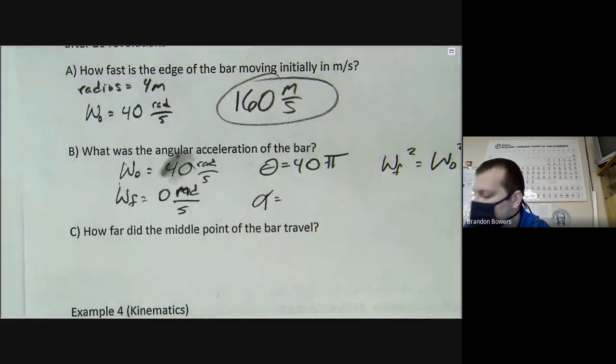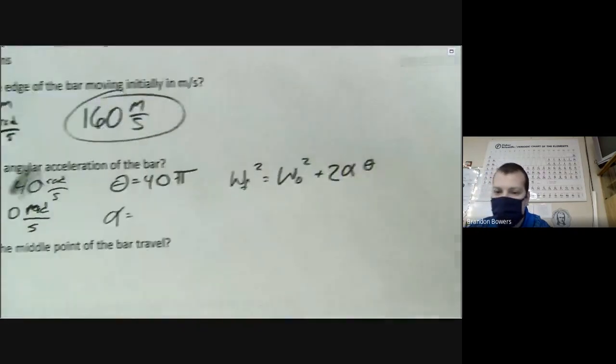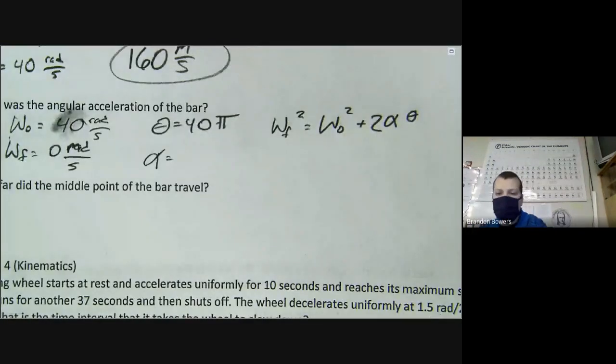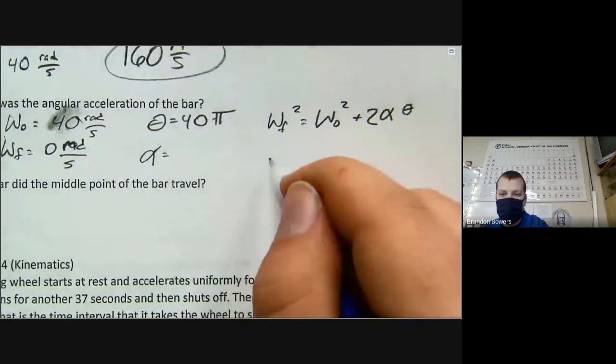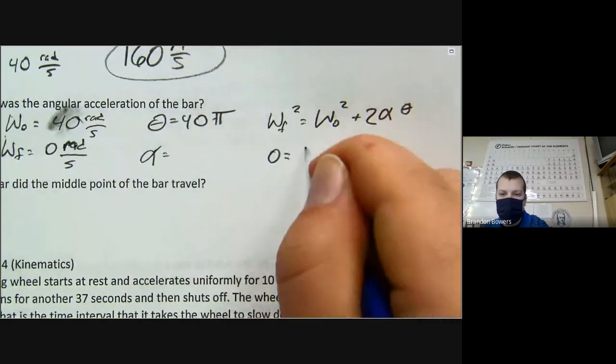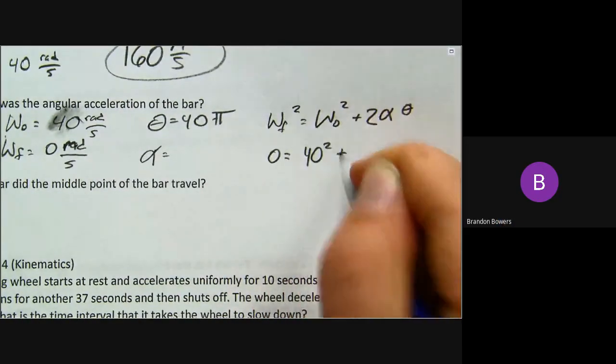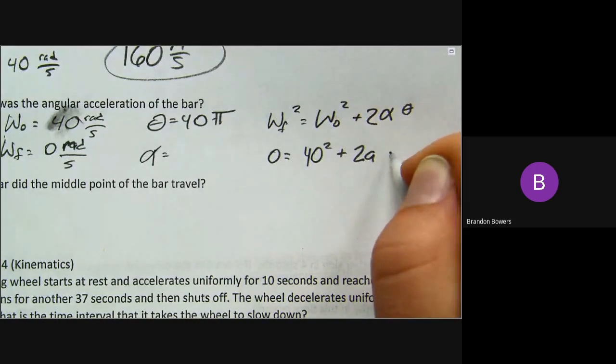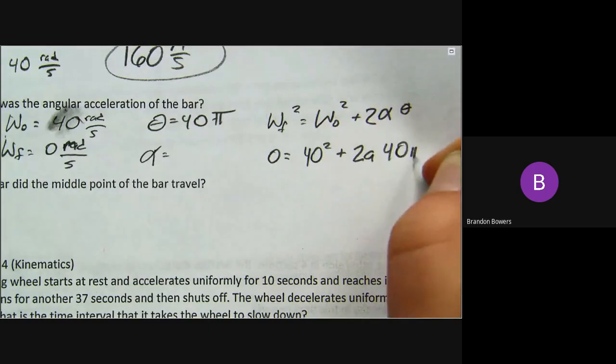So 0 is equal to 40 squared plus 2 alpha times the change in theta, which is 40 pi.